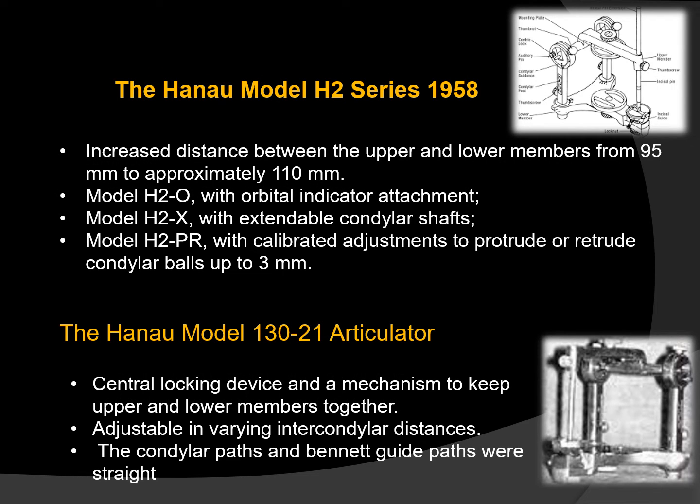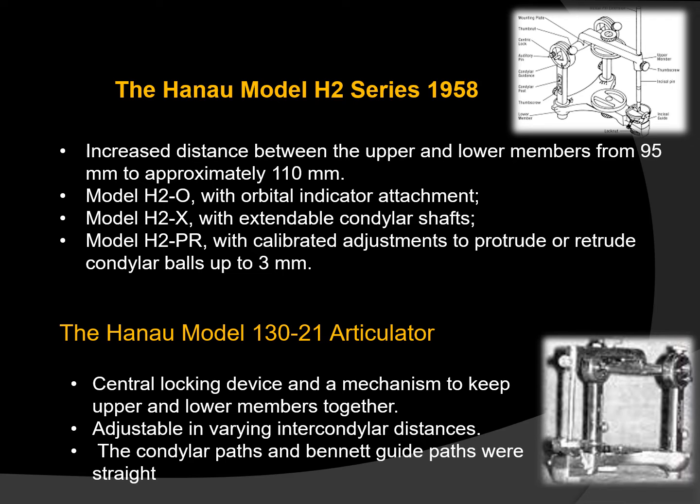In 1958, the Hanau H2 series was introduced, and the principal feature of this articulator was an increased distance between the upper and the lower member from 95 mm to approximately 110 mm. In addition, the orbital indicator was also added to the upper member. Several models have come in this series, like model H2O with an orbital indicator attachment, H2X with extendable condylar shaft, and H2PR with calibrated adjustment to protrude or retrude the condylar balls up to 3 mm.